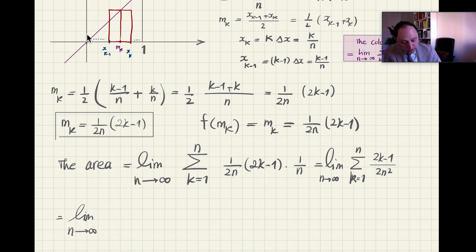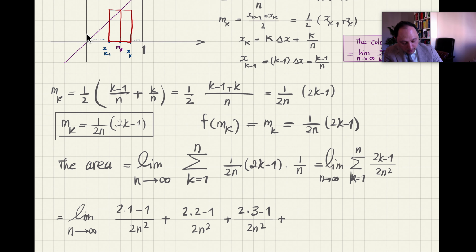I need to replace k with 1, so it becomes 2 times 1 minus 1 divided by 2n squared. I intentionally don't calculate the numerator. Then I put k equals 2, so it becomes 2 times 2 minus 1 divided by 2n squared. Then I put 3 and add all of these things, so 2 times 3 minus 1 divided by 2n squared.